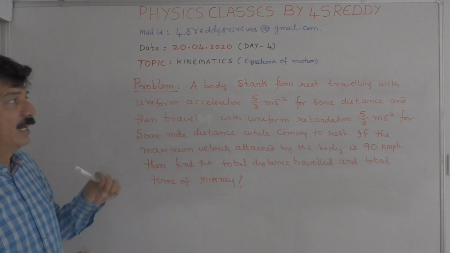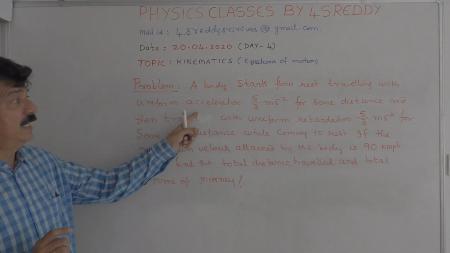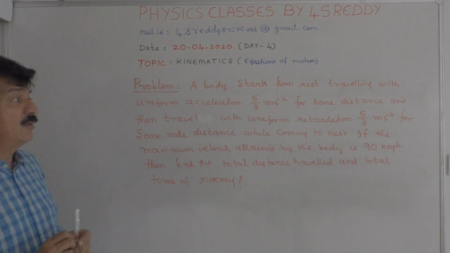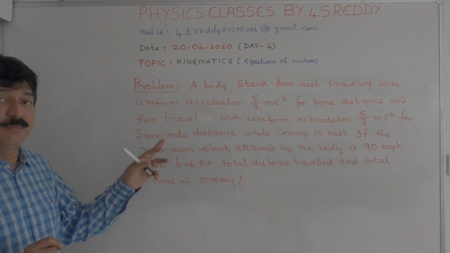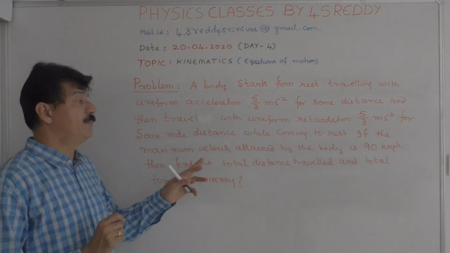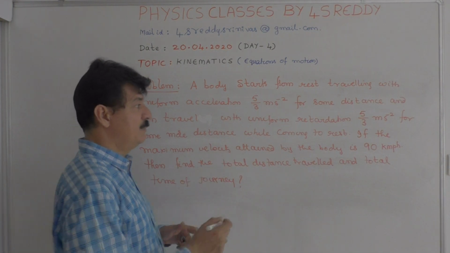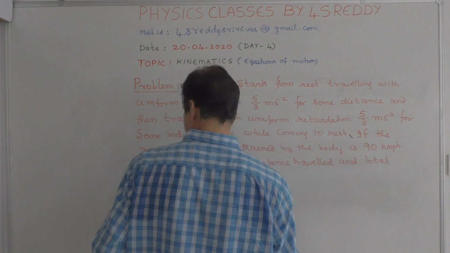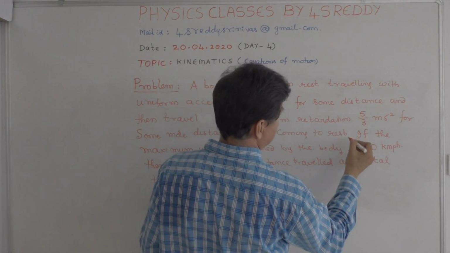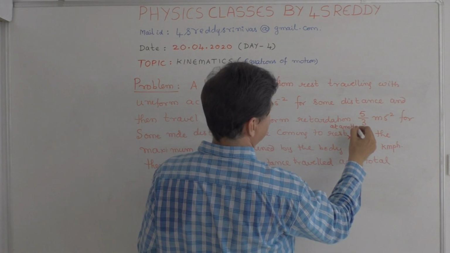So, a body starts from rest, traveling with uniform acceleration 5 by 3 meters per second square for some distance, and then travels with uniform retardation 5 by 3 meters per second square for some more distance while coming to rest at another place.